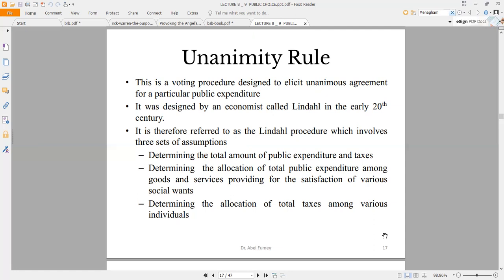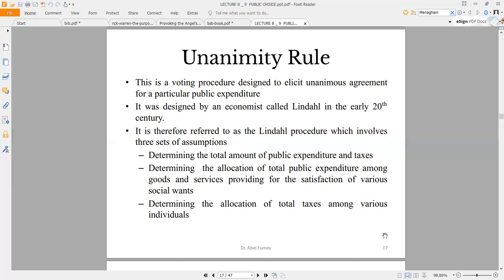So first, we have to determine the total public expenditure, the amount of funds that we need. Then second, we determine the allocation of this amount of money, these funds, these resources. We determine how they are going to be allocated for all these goods and services that we want to produce, just to make sure that the goods and services are being efficiently produced and they are being able to satisfy the wants of the society.